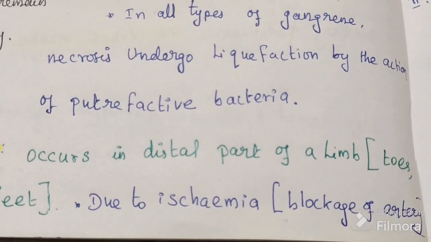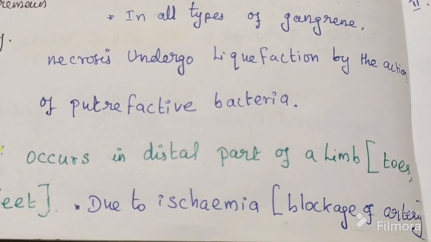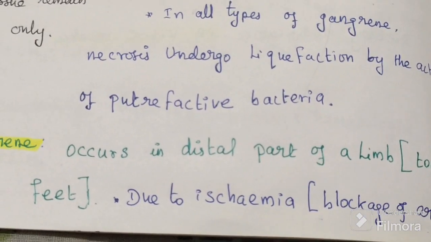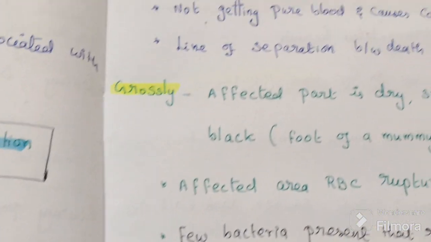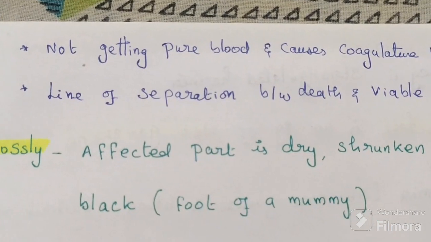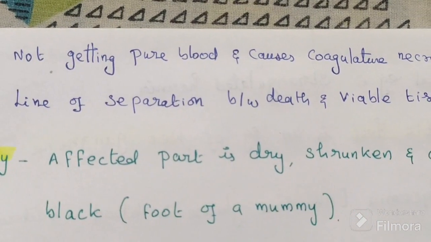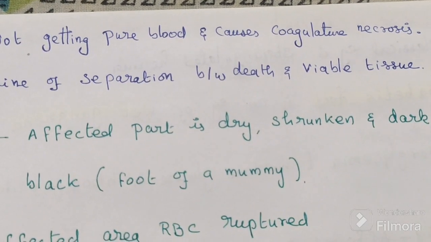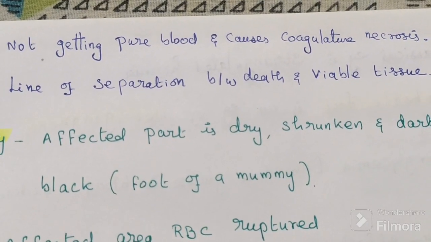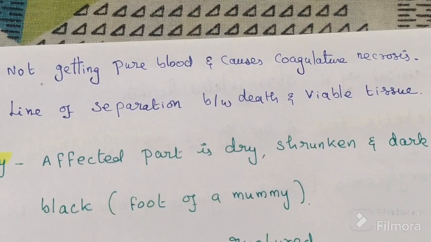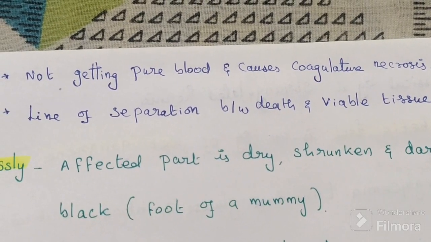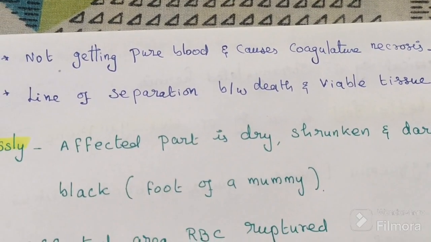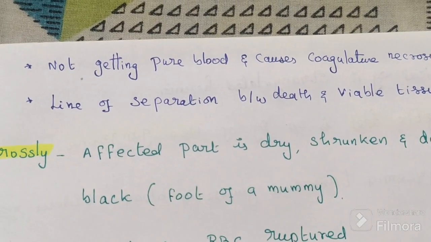Due to this blockage, ischemia forms, and that part of the body does not get pure blood, so it causes coagulative necrosis.